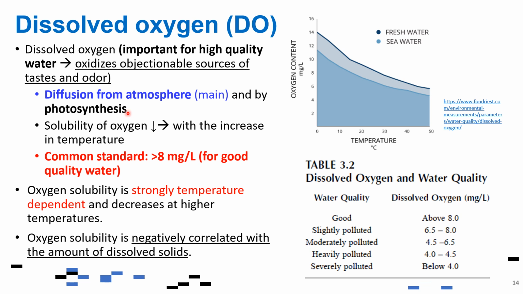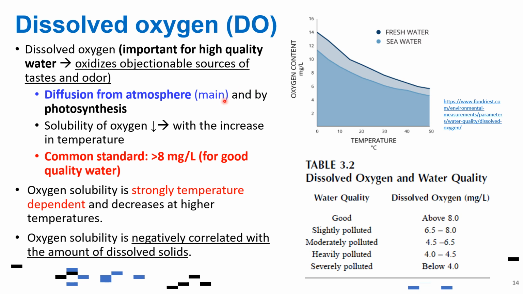And once there's sunlight which can penetrate through the water, the plants will undergo a process of photosynthesis. And photosynthesis needs to consume CO2, and the byproduct is actually oxygen. So the oxygen remains in the water in the dissolved form. So that's why it also adds to the overall concentration of oxygen in the water.